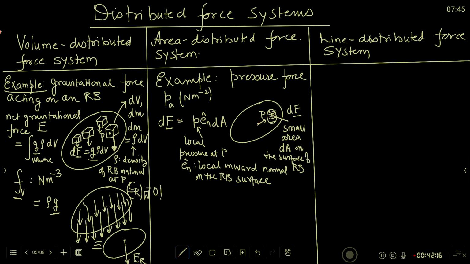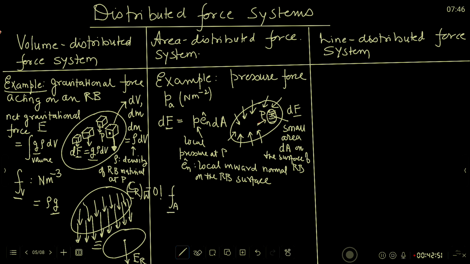In that way, if I draw the full free body diagram, at every small area I have to put these small arrows denoting that we are dealing with an area distributed force. Now an area distributed force is characterized by a function, let's use the symbol FA.